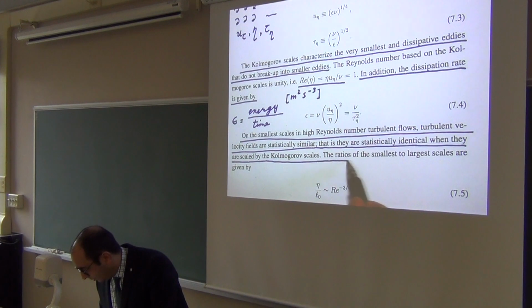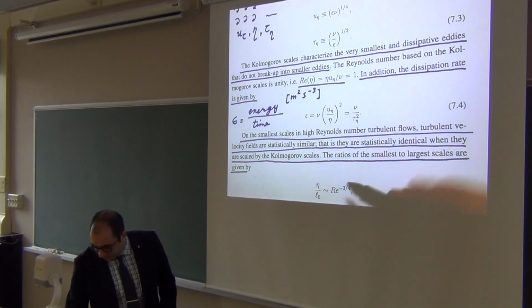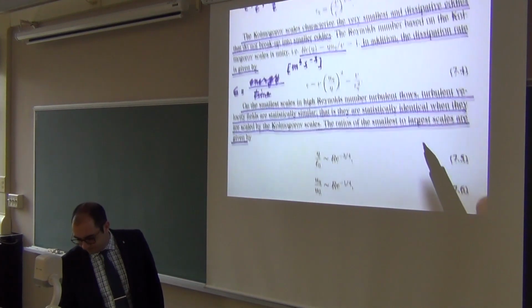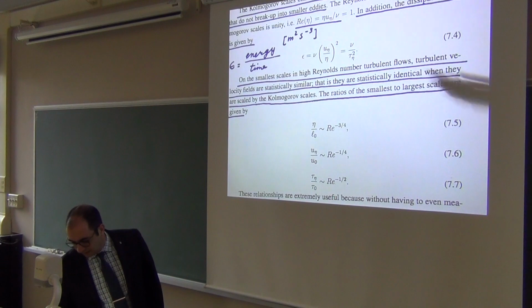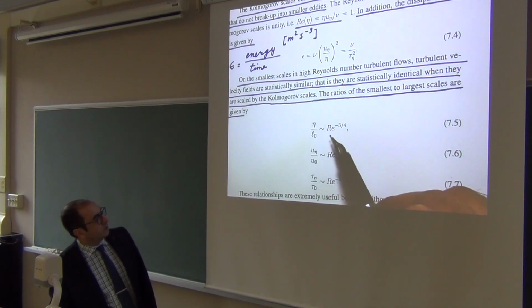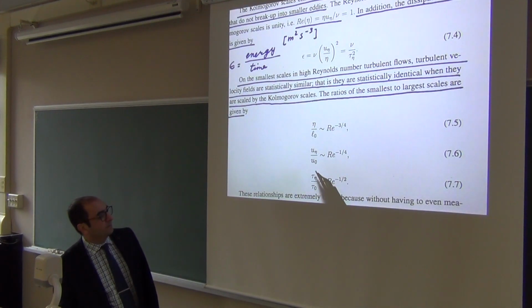So this is how we show the similarity. In other words, the ratio of the smallest to largest scales is given by only the Reynolds number of the flow. Okay? The Kolmogorov length scale divided by the largest scales of fluctuation is Reynolds number to the power of -3/4. The Kolmogorov velocity scale divided by the largest eddies' velocity scale scales with Reynolds number to the power of -1/4.